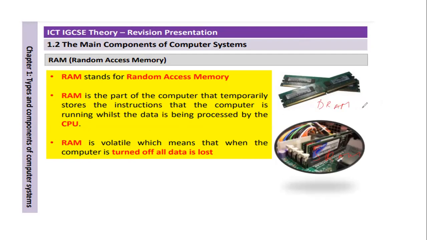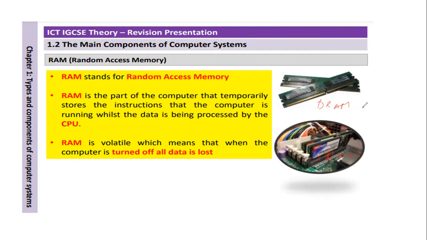Okay. So RAM is the part of the computer that temporarily stores the instructions that the computer is running while the data is being processed by the CPU. So whenever the CPU requires an instruction, it picks from cache or RAM. It holds data before processing and it holds data after processing. And its nature is volatile, which means that when the computer is turned off, all data is lost.